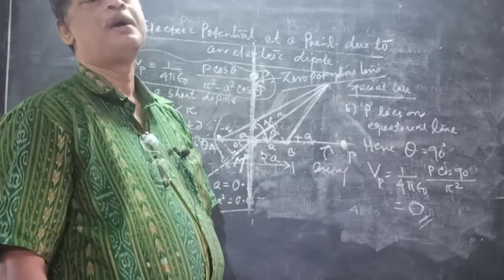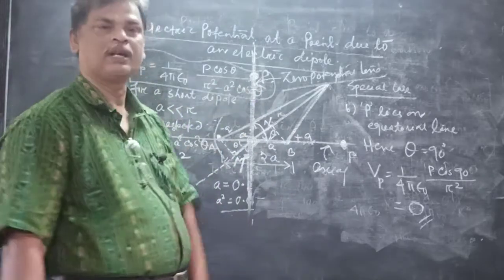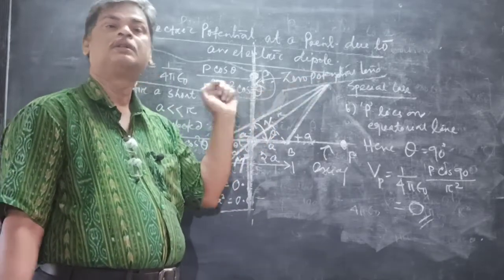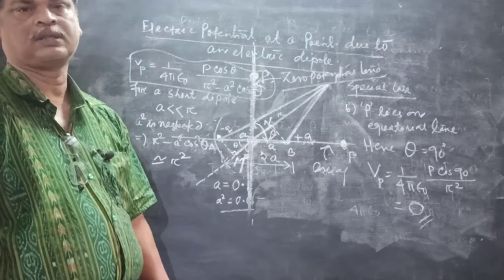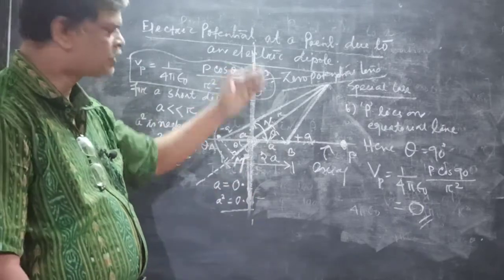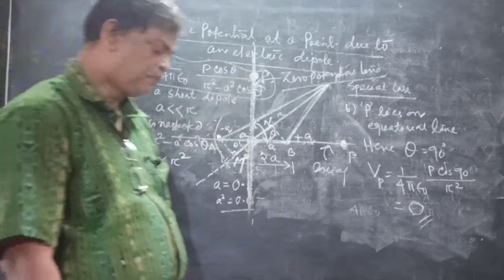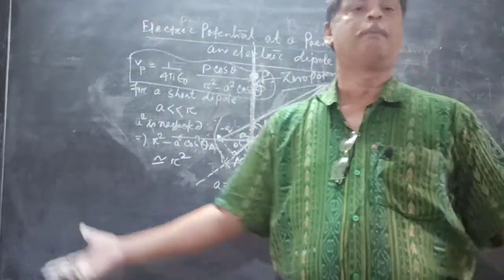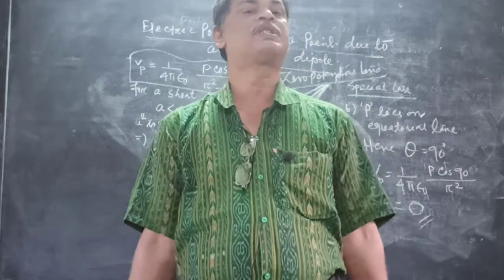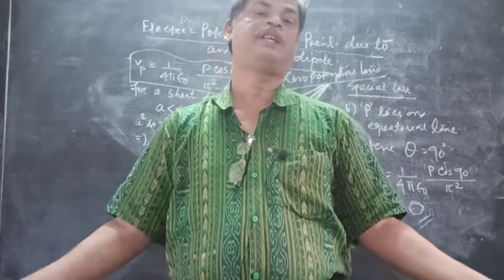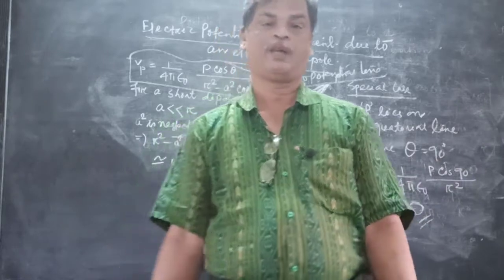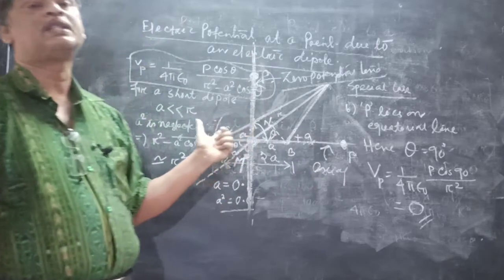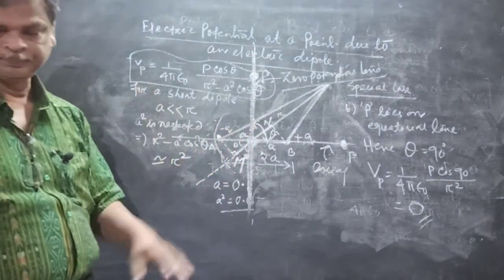So we know it is possible that the potential is 0, but there is a presence of electric field. A question may come: is it possible to have a point where the potential is 0 but there is an electric field? Yes, it is possible if the point is on the equatorial line of a dipole. So at any point on the equatorial line of a dipole there is a field but the potential is 0. Clear?